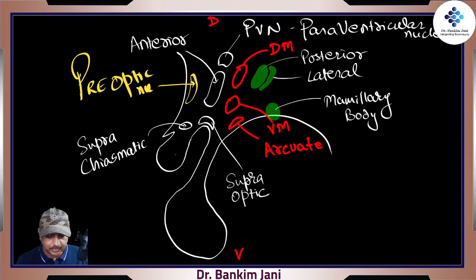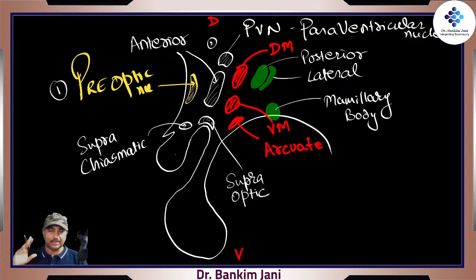So this one is like zone 1. Then all these whites collectively are in the same layer, so they are group number 2. The third one, over here, is dorsomedial, ventromedial, and arcuate. That is the intermediate hypothalamus. And the posterior, lateral hypothalamus and the mammillary body collectively are the posterior hypothalamus.